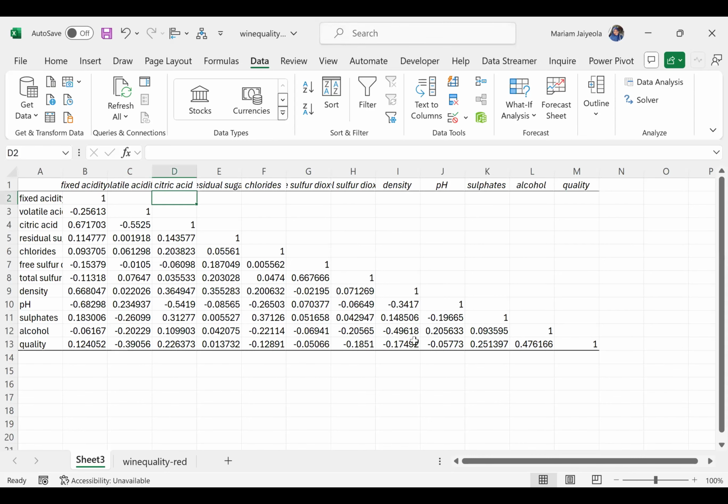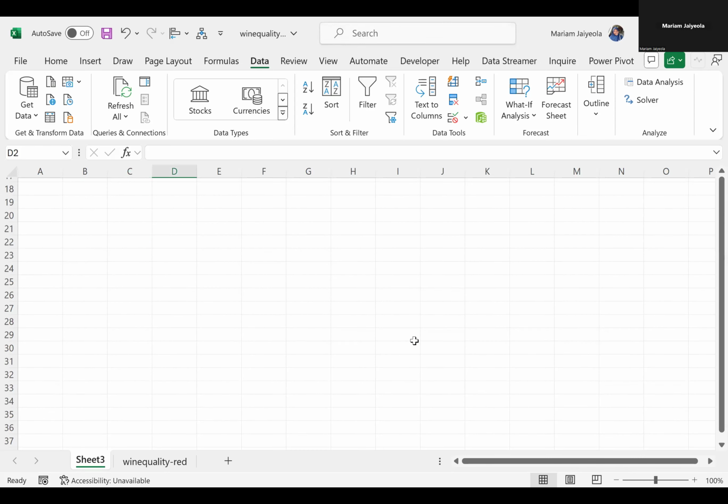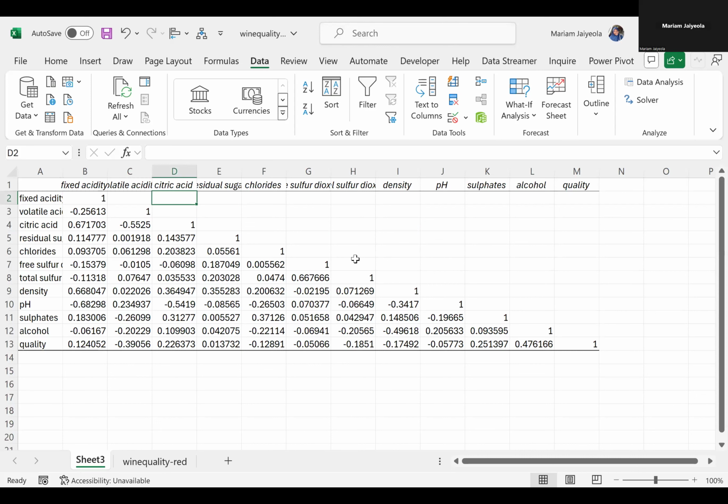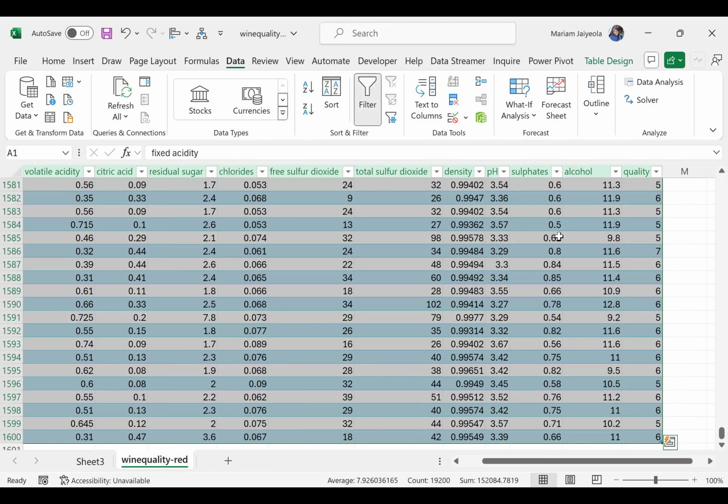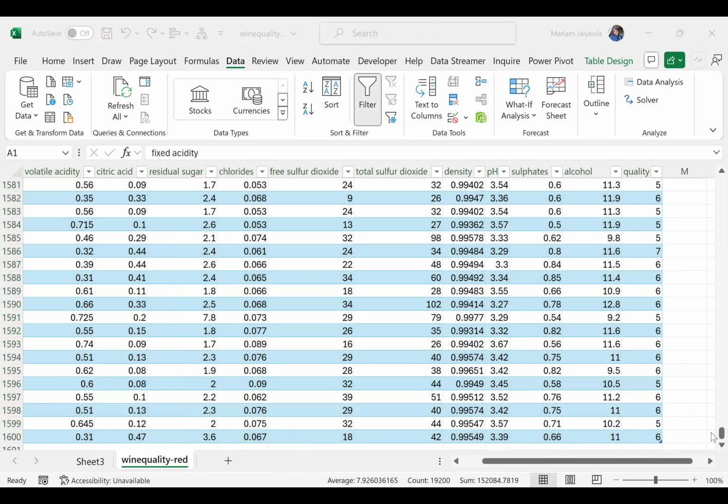I was just trying to show how to do a correlation analysis in Excel. Okay. So this data, I think you heard when I was explaining the data sets, is looking at the quality of red wine.